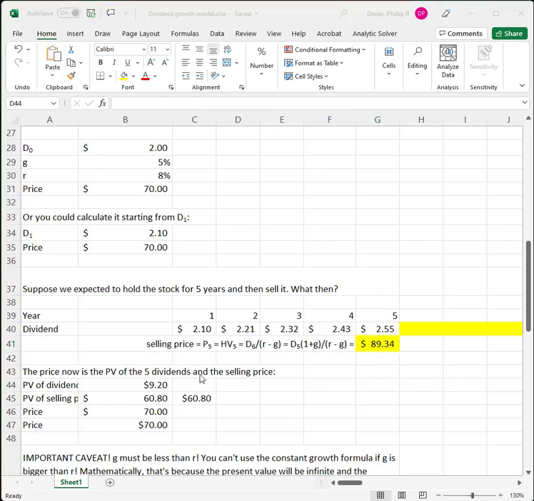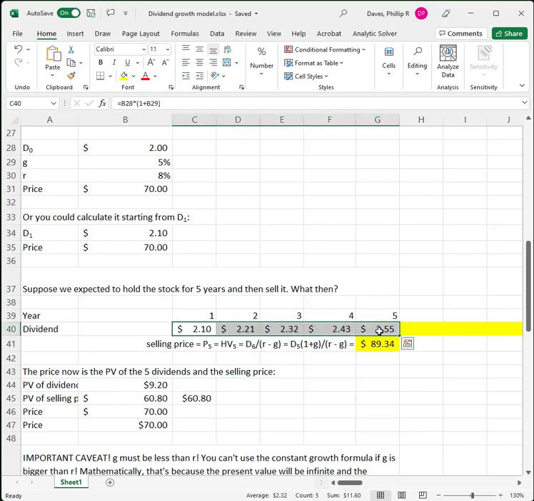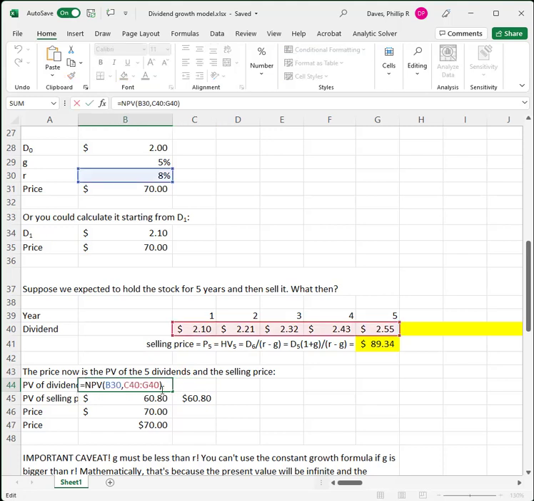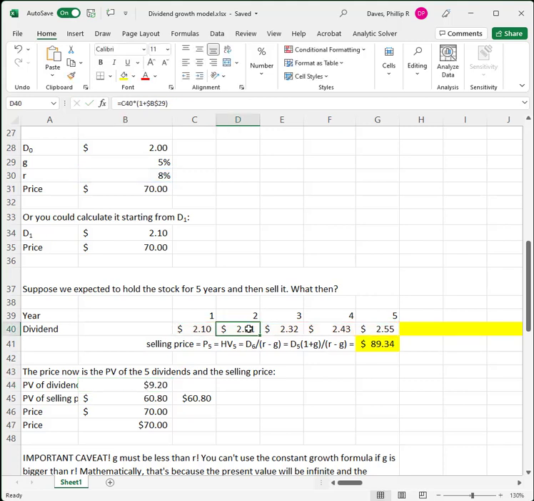How much is all of this worth? Well, the dividends themselves, that would be the 2.10, the 2.21 up to 2.55. The dividends themselves are worth $9.20. How did I calculate that? Well, we can use the net present value function. We could have taken 2.10 and found the present value of it, 1 period, so divide that by 1 plus the discount rate. 2.21 divided by 1 plus the discount rate squared. 2.32 divided by 1 plus the discount rate, that's 8%, cubed. 2.43 divided by 1 plus 8% to the 4th.